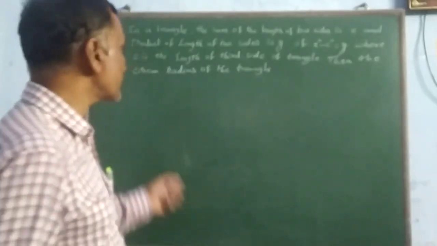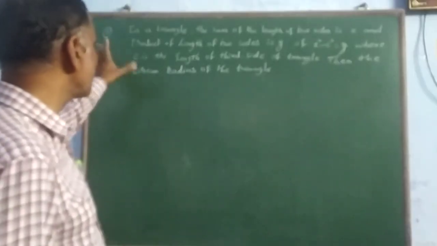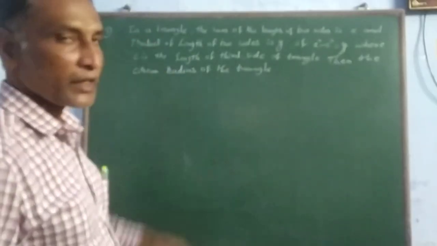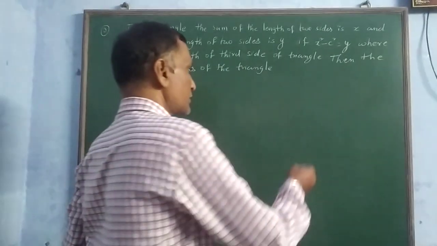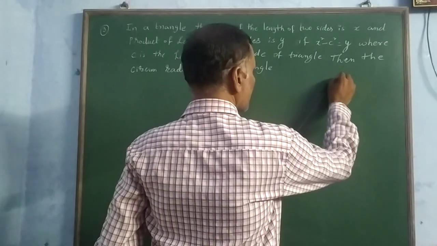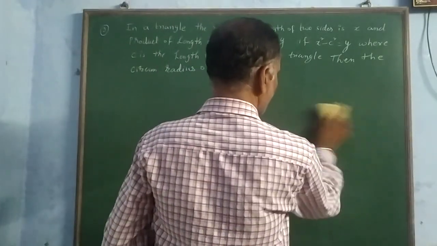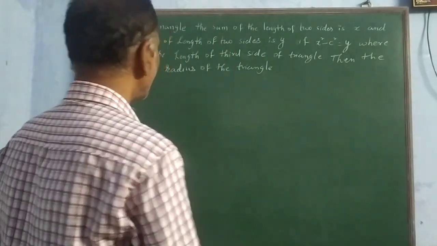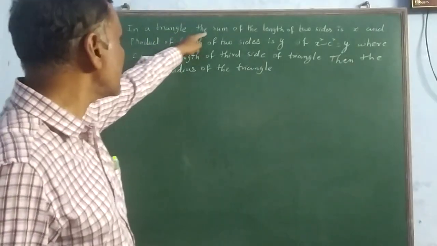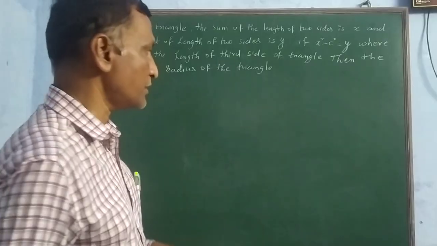This is the question. First of all, we have to read this question. In a triangle, one triangle we can take here. Okay, first we read: in a triangle, the sum of the lengths of the two sides.